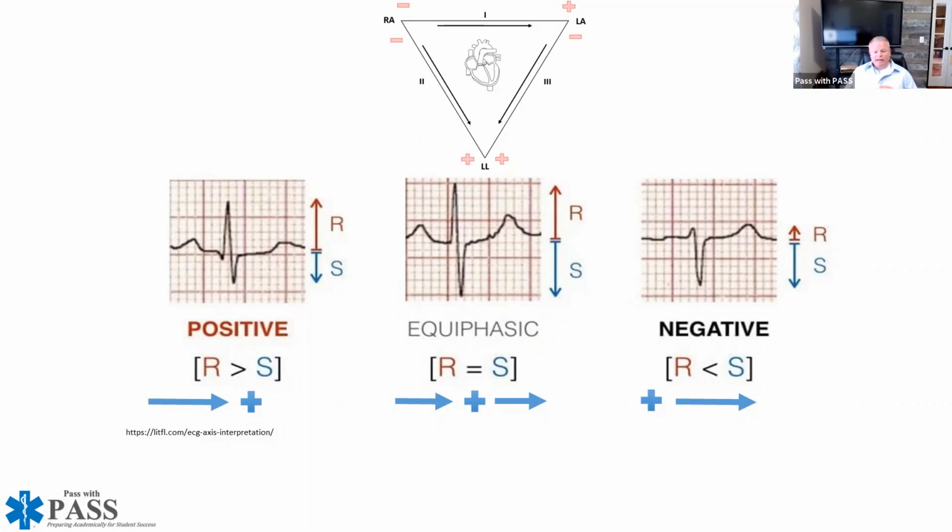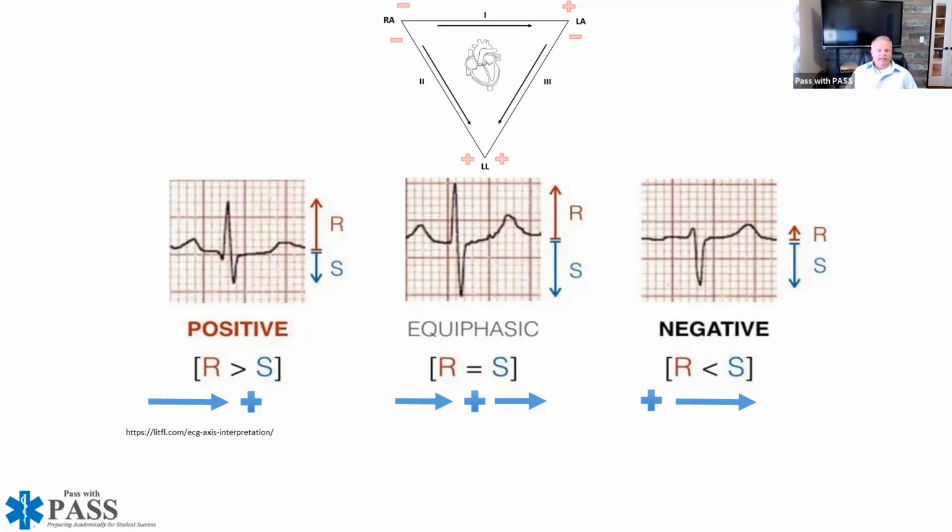So you have a negative going towards a positive, and that should always give you an upright deflection on your EKG tracing. If I'm looking at lead 2, I'm going from that negative right arm lead down to my positive left leg lead. So again, I'm going to end up having a positive deflection on my EKG finding.